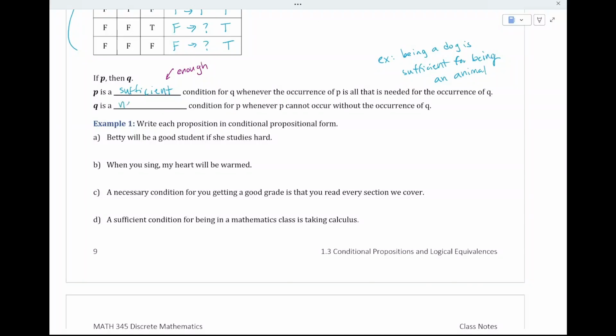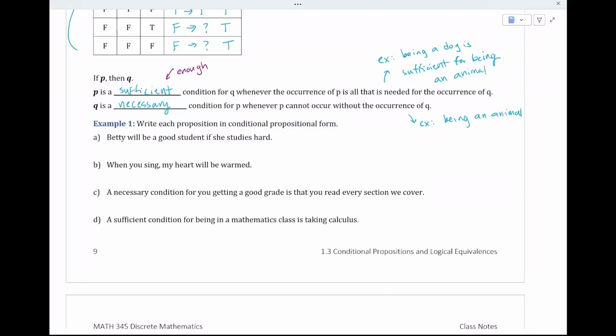Q is a necessary condition for P, which means that P cannot occur without the occurrence of Q. So an example for this one would be something like being a dog is not necessary for being an animal. There are other ways to be animals than being a dog. So being a dog is not a necessary condition, but I could look at it the other way.